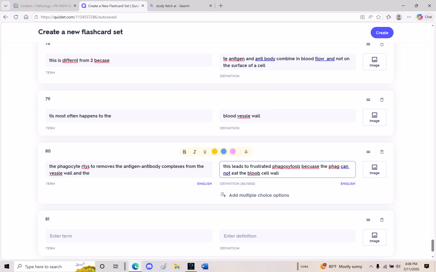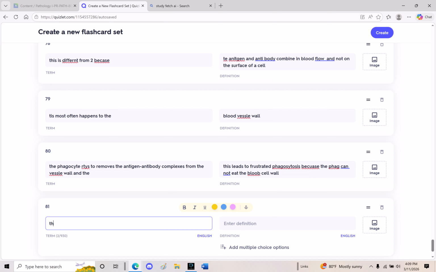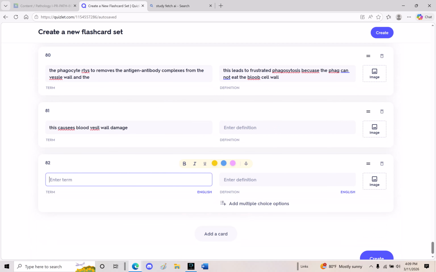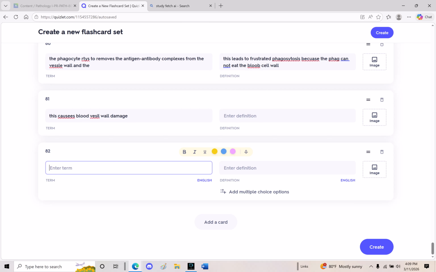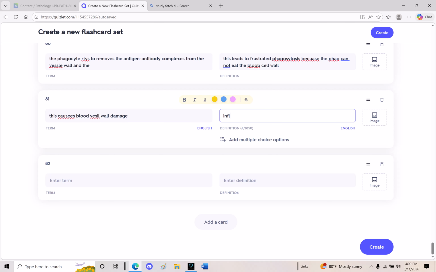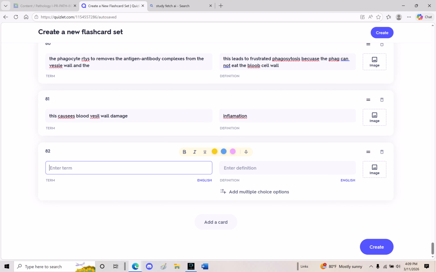It tries to phagocytose the complex, but it can't because it's too big. So there's your frustrated phagocytosis. With enzymes and toxic chemicals attacking the vessel wall, it gets inflamed. Inflamed vasculature is vasculitis. Remember, itis means inflammation.